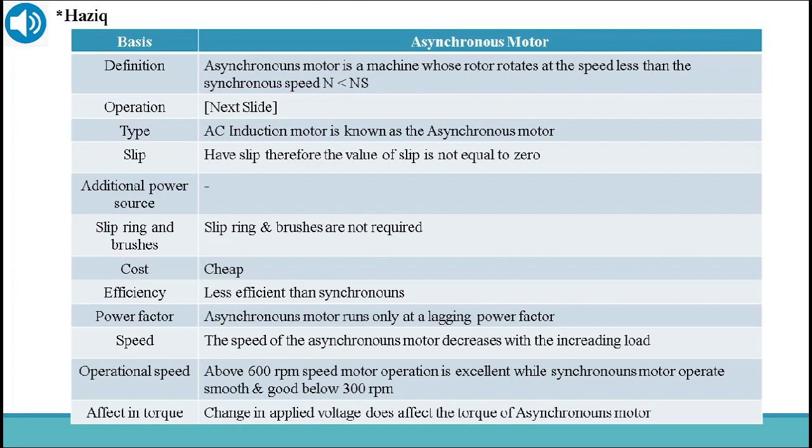This type of motor, the AC induction motor, is known as the asynchronous motor, following the name of the type of motor. They have a slip; the value of slip is not equal to 0.